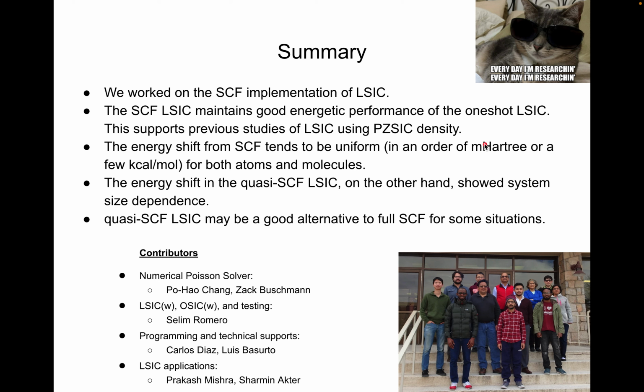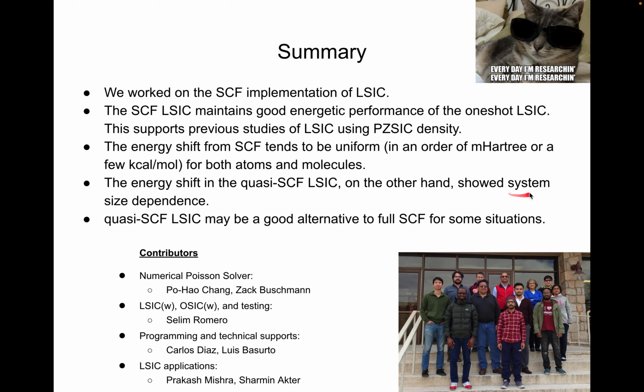And when we looked at the energy shift from the one-shot to the full SCF, the energy shift is fairly uniform. They are usually on the order of a millihartree or a few kilocalories per mole for both atoms and molecules. When we looked at the quasi-SCF implementation, the energy shift, on the other hand, is not uniform.